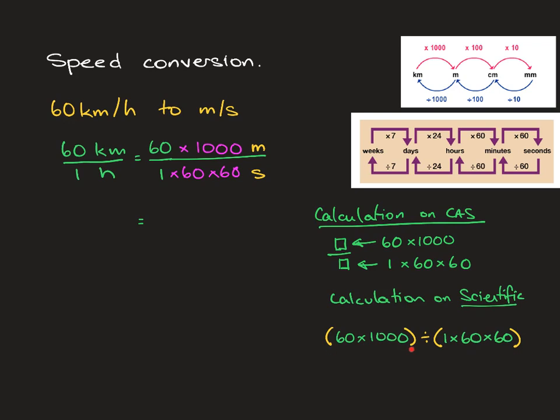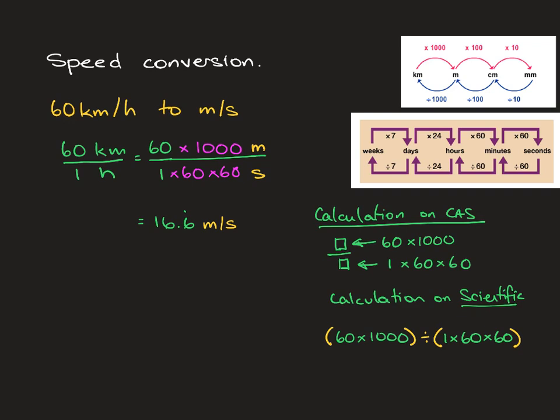On your scientific calculator somewhere, you will find those brackets. So you need to type bracket, the top line, close bracket, divided by, and then open another bracket, and then put the bottom line in. So it's a bracket around the top line divided by a bracket around the bottom line, and then press enter. And when you do that, you should get 16.6 recurring metres per second.